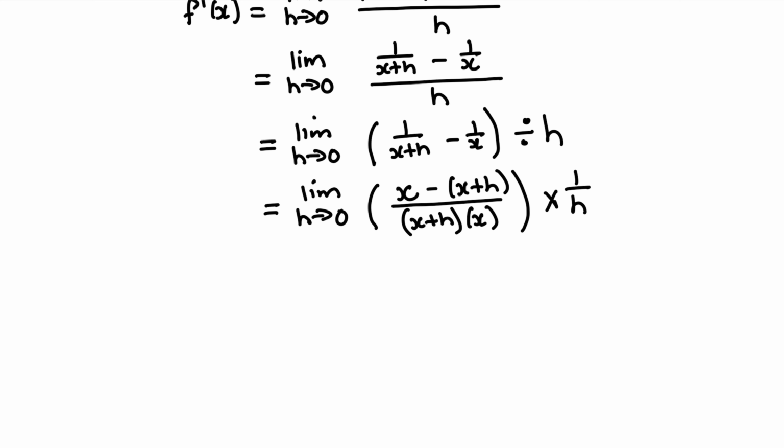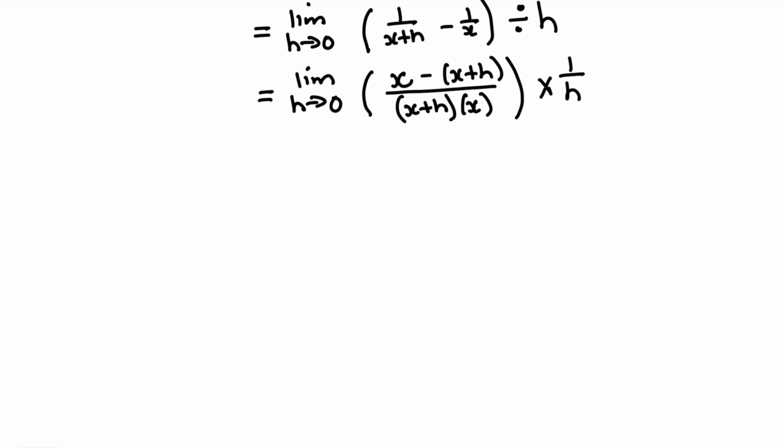Before we continue, what I'd like you to notice is that I'm keeping the limit in front of my fraction because I cannot yet substitute h with 0 in this equation, because it will become invalid or undefined.